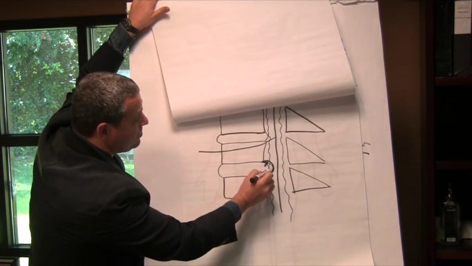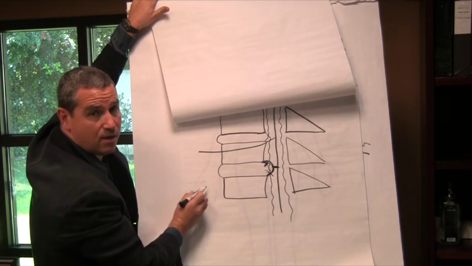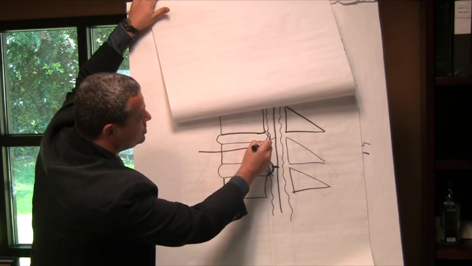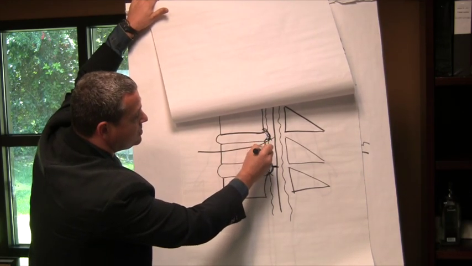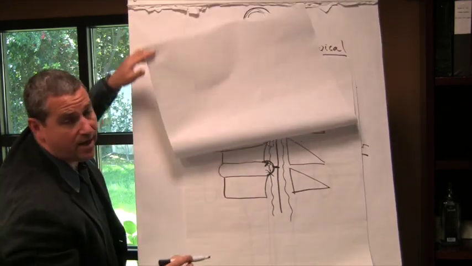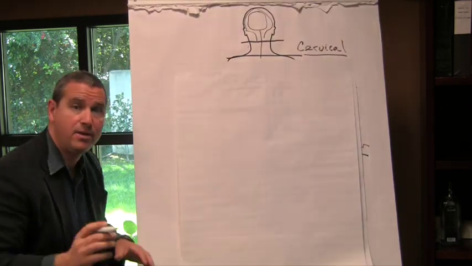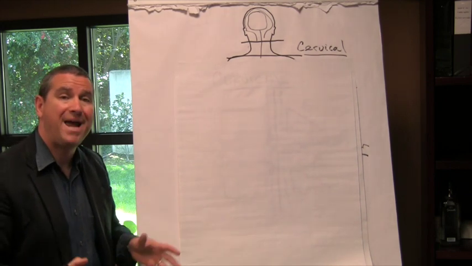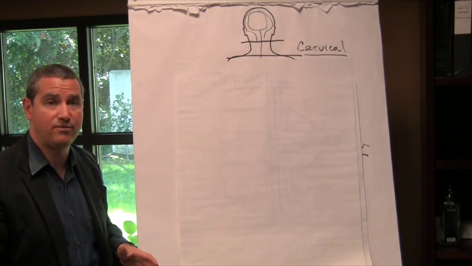And it can either touch the spinal cord itself, or it can bulge out and touch the nerve root. And so what happens when that occurs is it can cause either pain or motor dysfunction.